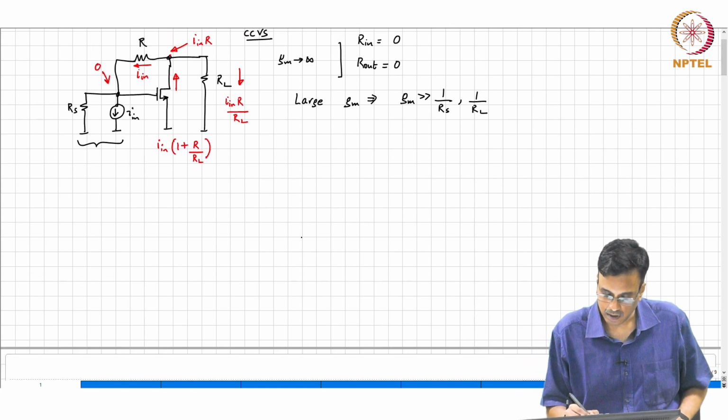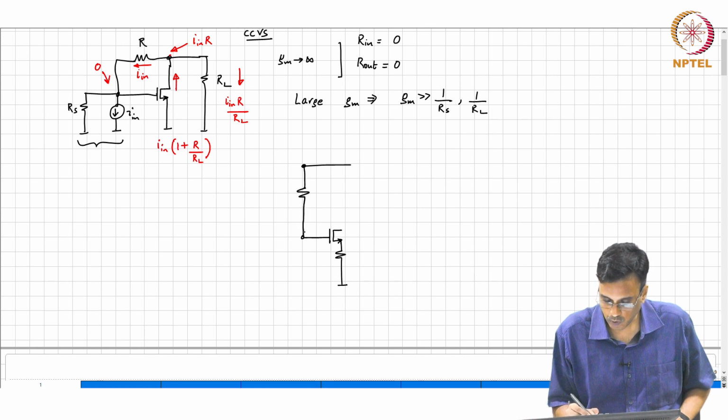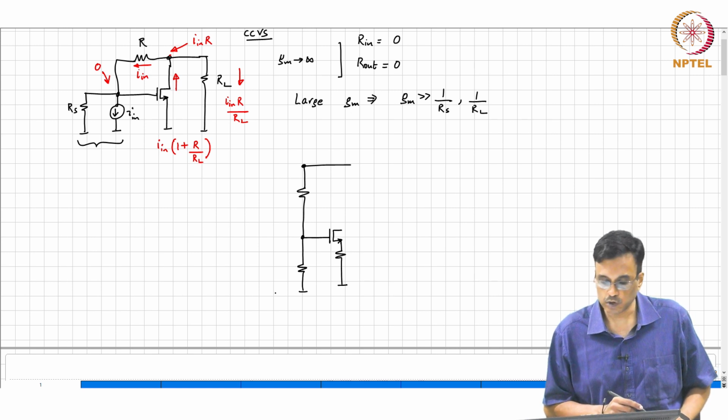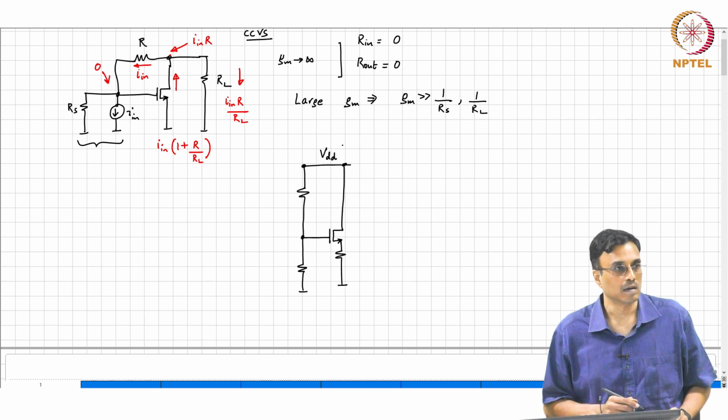I am going to pick something, for example, all right, let me just pick something with gate voltage constant, we measure at the source, feedback at the source, we use a poor man's current source, and this is the VDD.